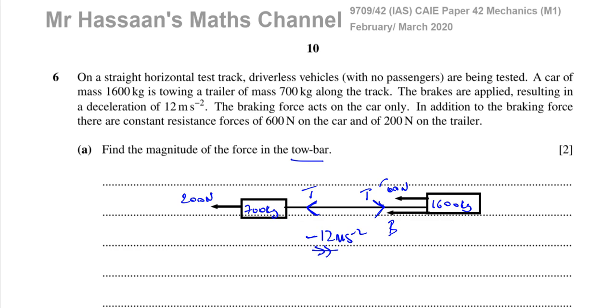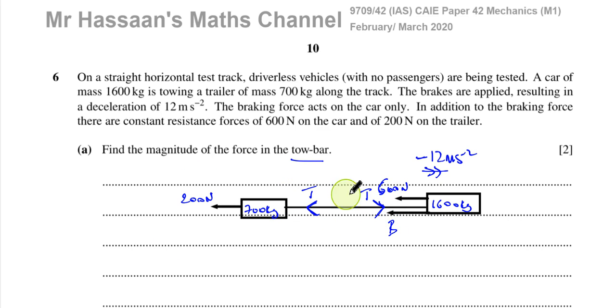So for example, if I consider this particle by itself, I have a problem because I have two unknowns. I know the acceleration is minus 12. The acceleration of the whole system is the same. I know it's negative 12 meters per second squared, but I have two things I don't know. One is the braking force and the other one is the thrust acting on this. So I can't really isolate this on its own and find the force in the tow bar, the thrust.